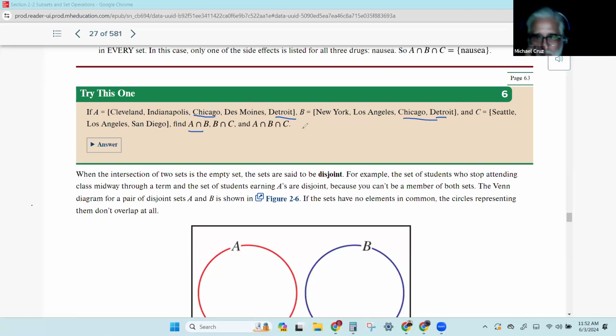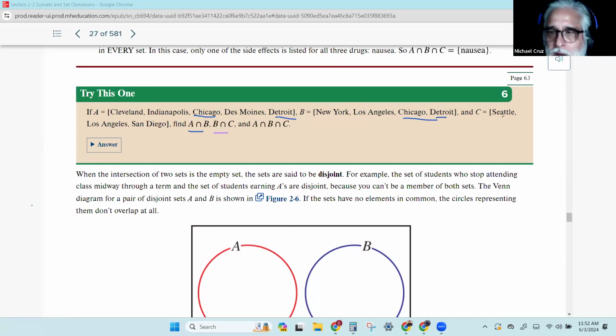All right. So that's A. Chicago and Detroit. Let me switch it to a different color here. All right, now B intersection C. B is New York, Los Angeles, Chicago, Detroit. And what do we have in C? We have Seattle, Los Angeles, San Diego.